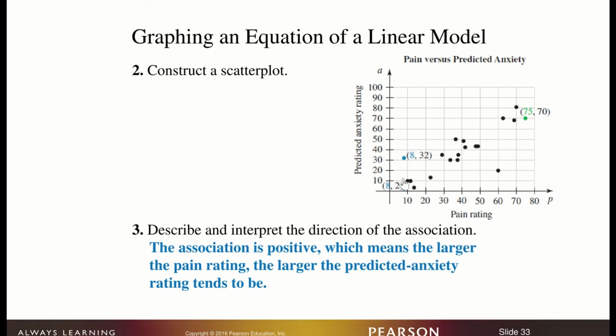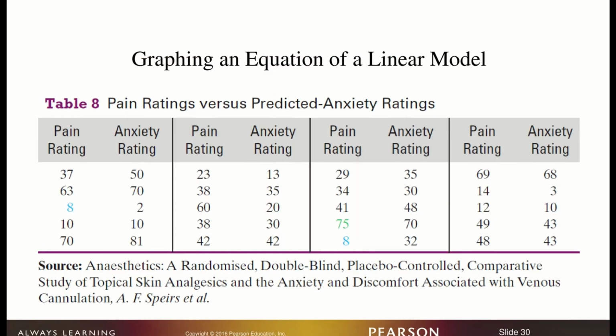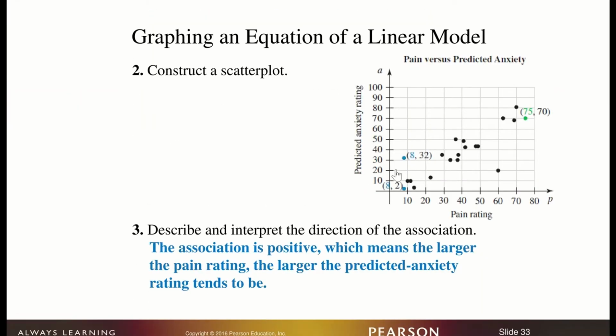Okay, so then we're just going to do a quick scatter plot. It's very easy. We just take all these data values into something like StatCrunch, and it'll graph it for us very quickly, and we get this resulting scatter plot.